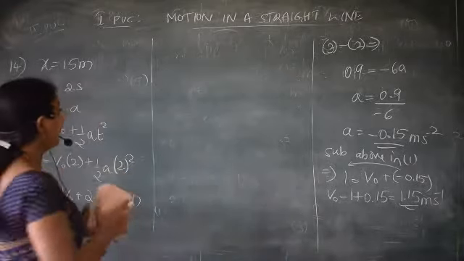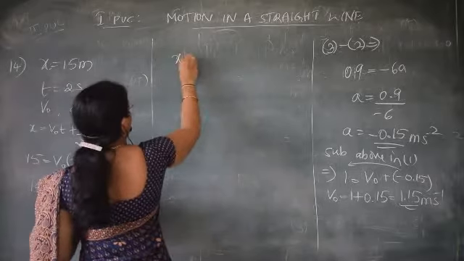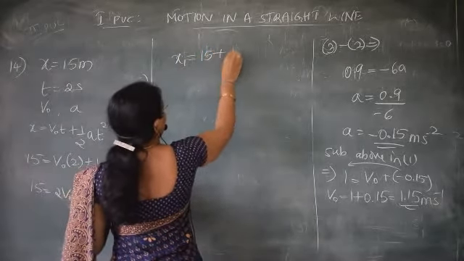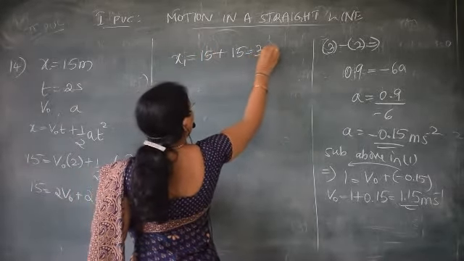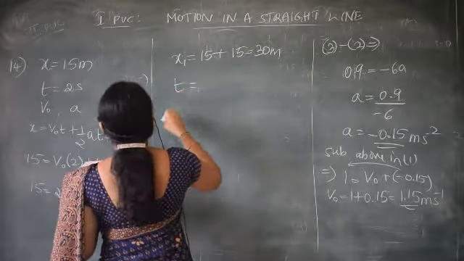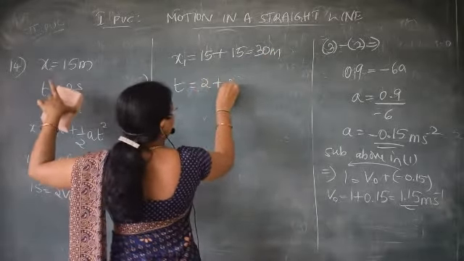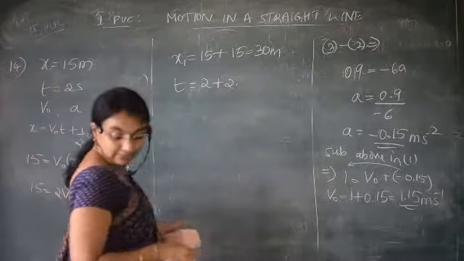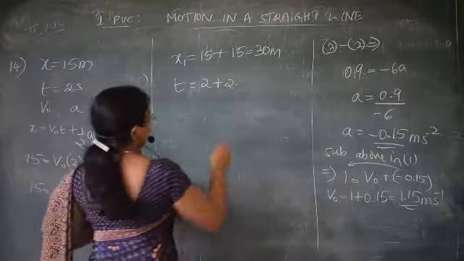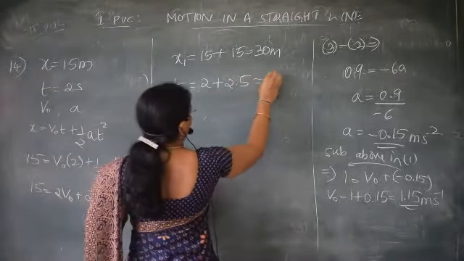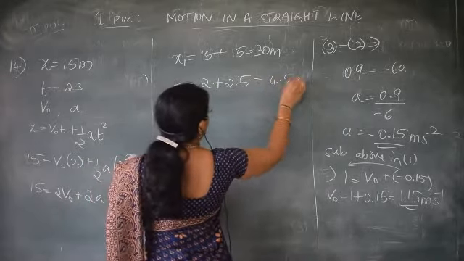Time is how much? 2 plus 2.5 seconds, that is 4.5 seconds, correct?